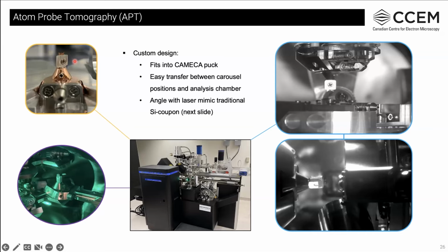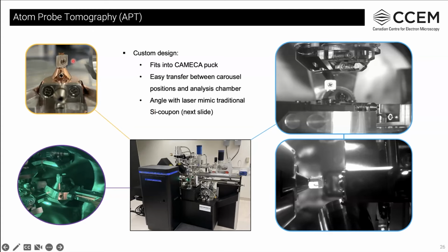And the holder is sitting approximately the same height as a traditional clip, which is important because we want to make sure the tips are not going to hit anything like the carousel above or the local electrode when inserting the puck into the analysis chamber. And Ramya previously told us about all the new auto features with the LEAP 5000 that make moving the sample much easier. So the last thing we want is to be worrying about breaking our tips when moving it around. So the holder passes this test.